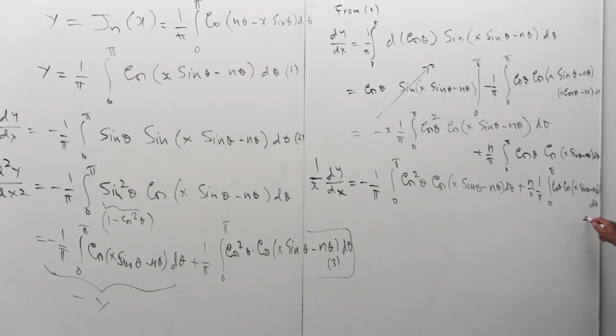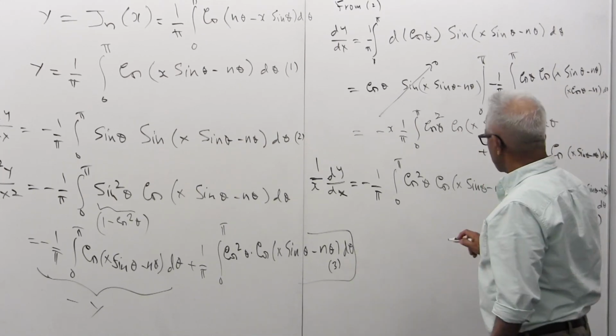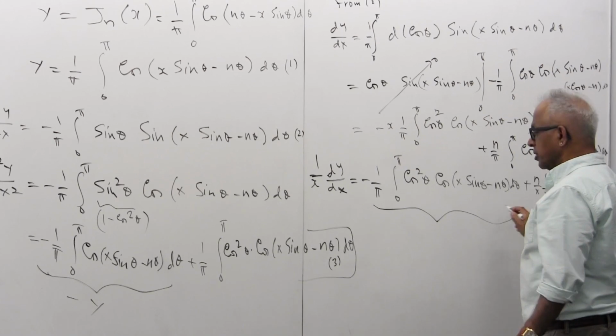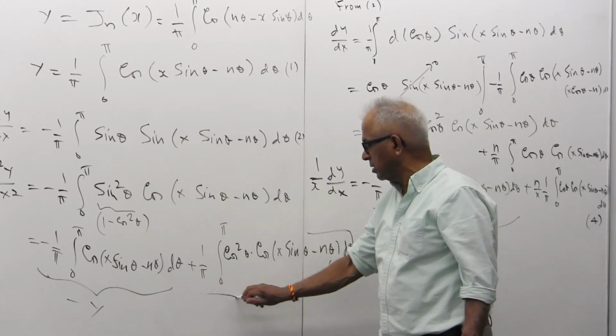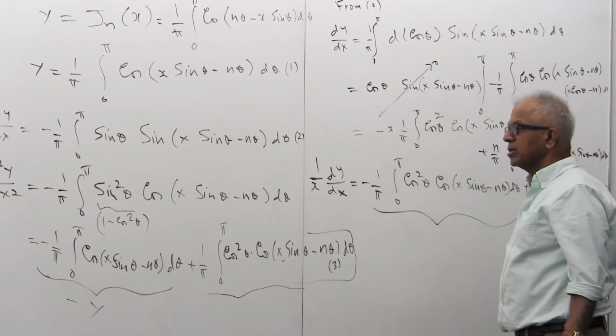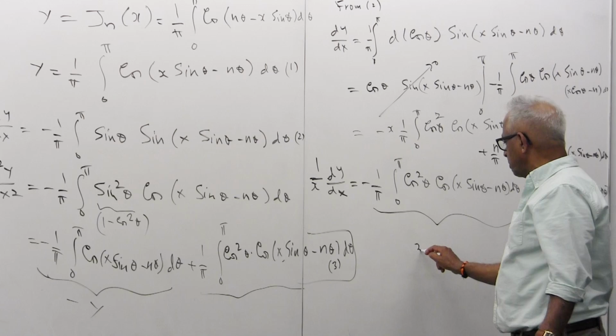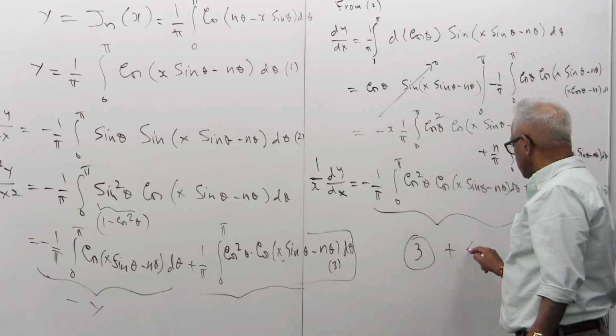So let me call this 4. Interestingly, if you look at 3, you have this same expression here, but with a plus sign. So if you add this to this, it will cancel. So the next step is to do 3 plus 4.